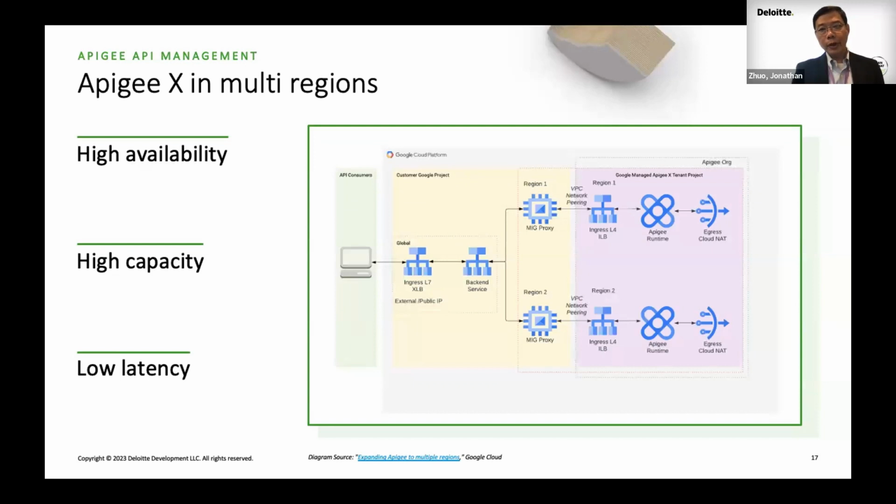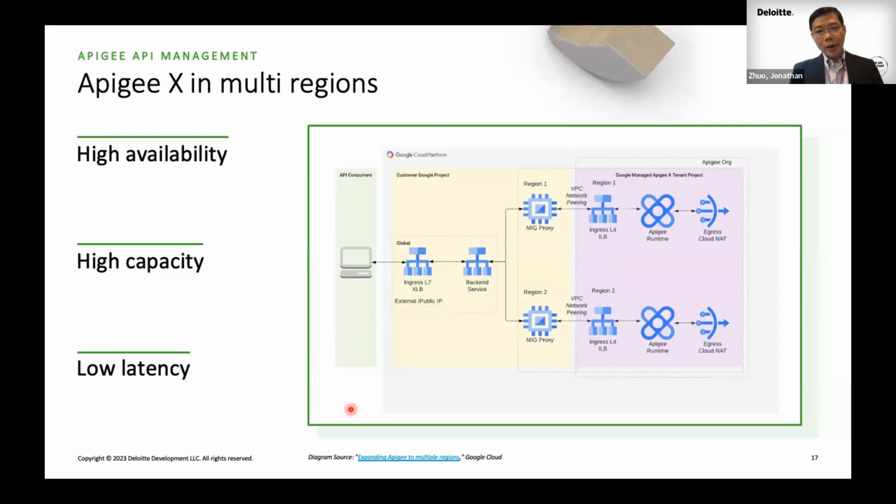Additional regions provide extra capacity for serving your API traffic and room for any unexpected spike in traffic without adding much pressure on a single environment. The third benefit is low latency. Additional regions can lower the overall transactional latency for clients by serving the request in a geographically closer region.